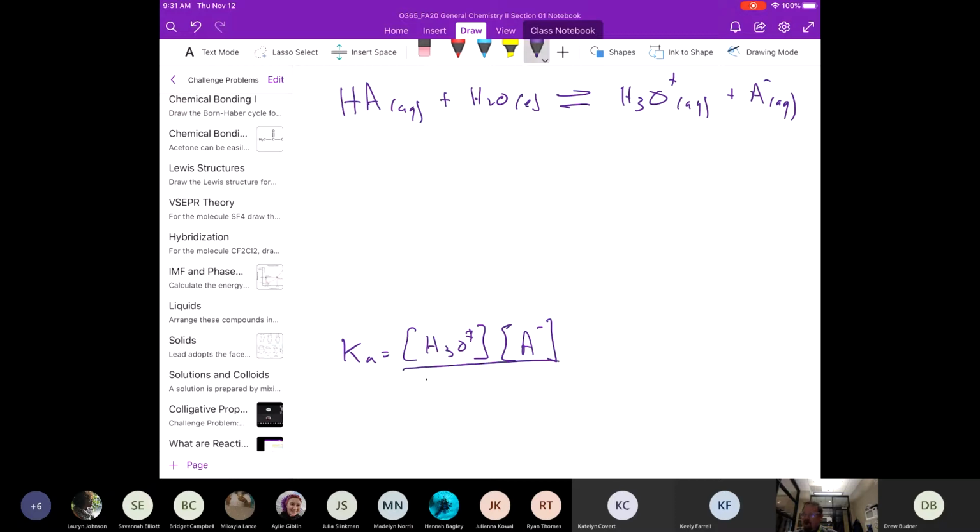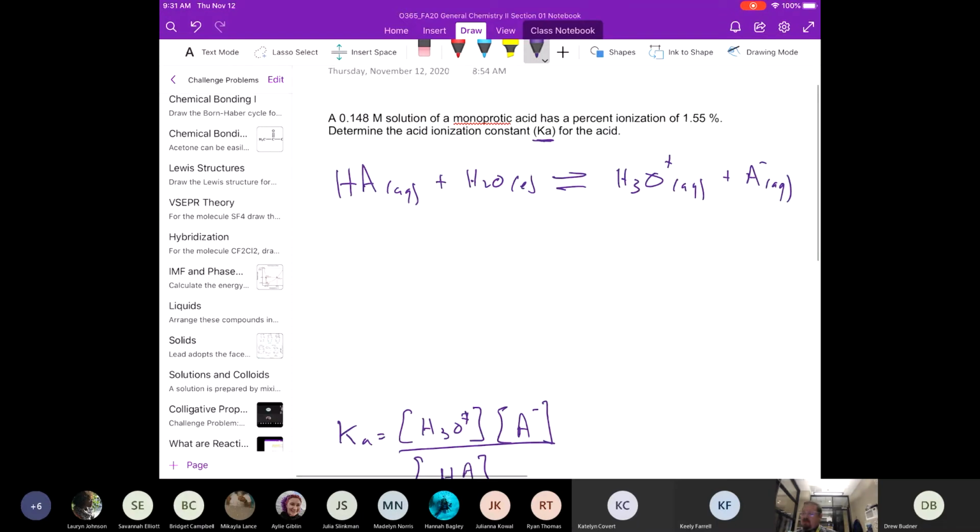And we're going to divide that by the reactants, where we are going to ignore the water because it's a liquid, so it's not involved in the equation or the solution. It's the solvent, so we're going to set it equal to 1. So this is the expression that we are going to have.